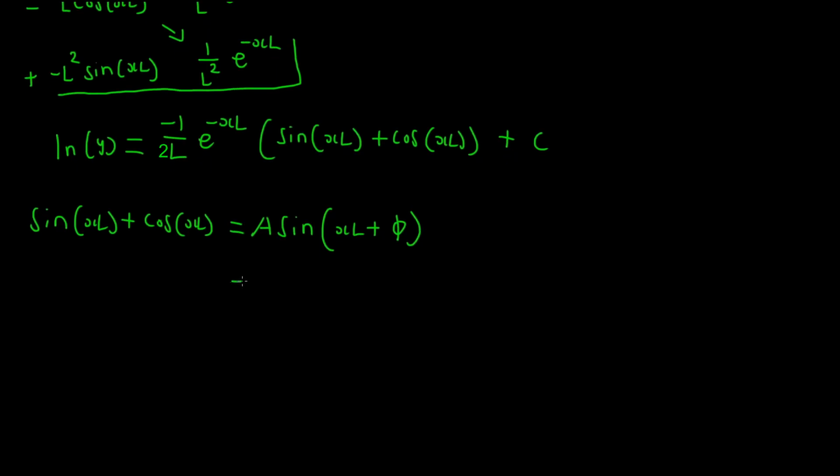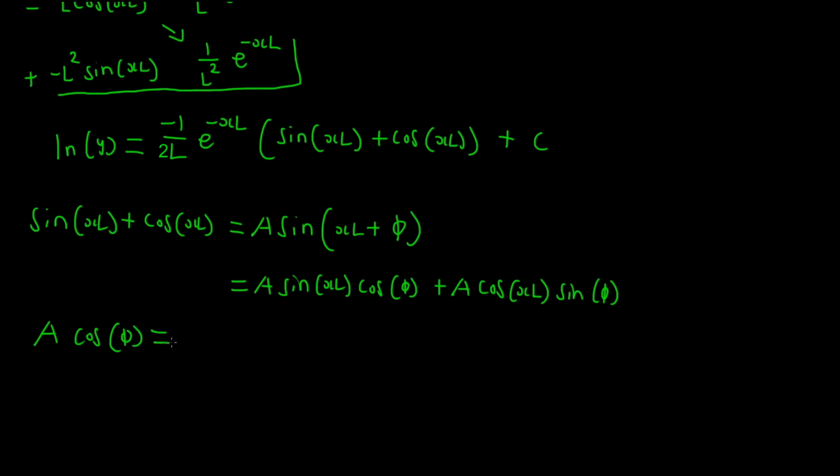And now if we expand this term out, we'll get A sine xL cosine of phi plus A cosine of xL times the sine of phi. Now reading off and comparing the coefficients, on this side we have 1 times sine of xL. Over here we have A cosine of phi times sine of xL. So just comparing, A cos phi equals 1, and similarly A sine phi equals 1.